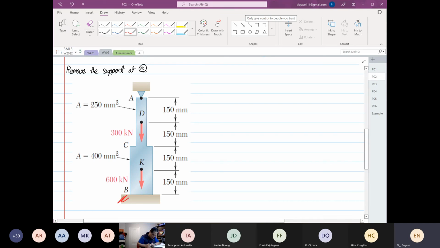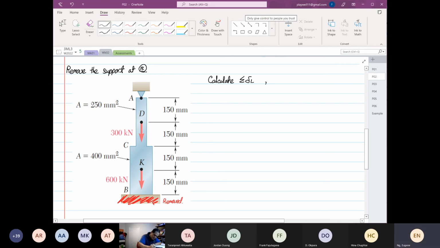So we removed here. This is the one that's removed. We are going to calculate the total deflection induced by the applied load.